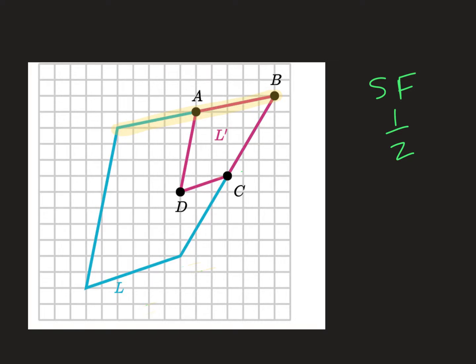A was originally here, but now you can see that A has moved so that it's halfway in between A and B. Since it went to just half the distance that it was originally away from B, that tells you that B was probably the center. And I can tell that the same pattern holds true for my other vertices as well.